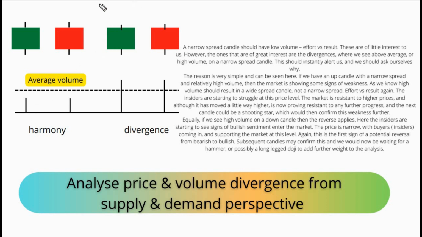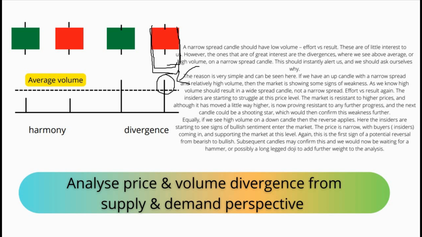Similarly, if we were in a downtrend and this kind of candle is formed with high volume, then the alarm bells should start ringing in our head that now the big players are entering into the markets, because if they were not, and if this was all supply pressure, then prices should have gone down aggressively and formed a huge spread downward candle.